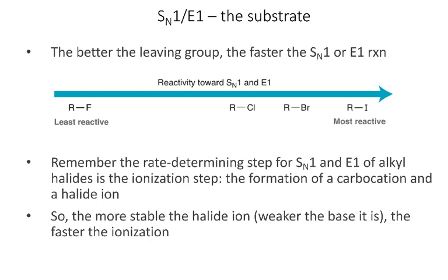For I minus or Br minus or Cl minus to be stable, we want them to be stable or weak bases. If we think about when we talked about the stability of bases, we used ARIO, right? And so the bigger the atom was, the more stable the base was. So I think it makes sense that iodide would be the best leaving group and therefore is the most reactive and results in faster SN1 and E1 reactions.